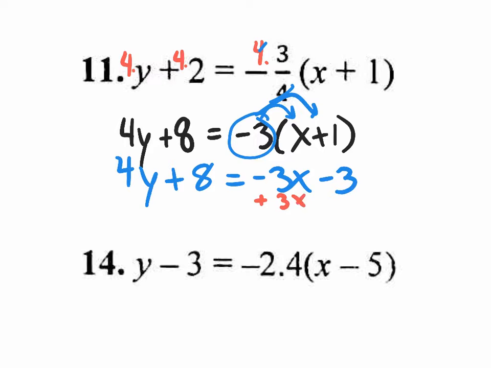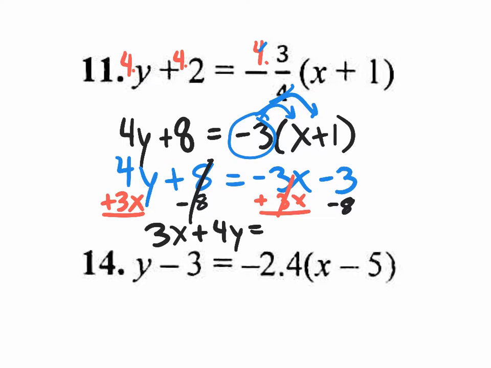So you go plus 3x, plus 3x. You can't do it, you would rewrite it. But we might as well get rid of the 8 as well on this same step here. Let's subtract 8 and subtract 8. So our standard form equation will be positive 3x plus 4y equaling negative 11.